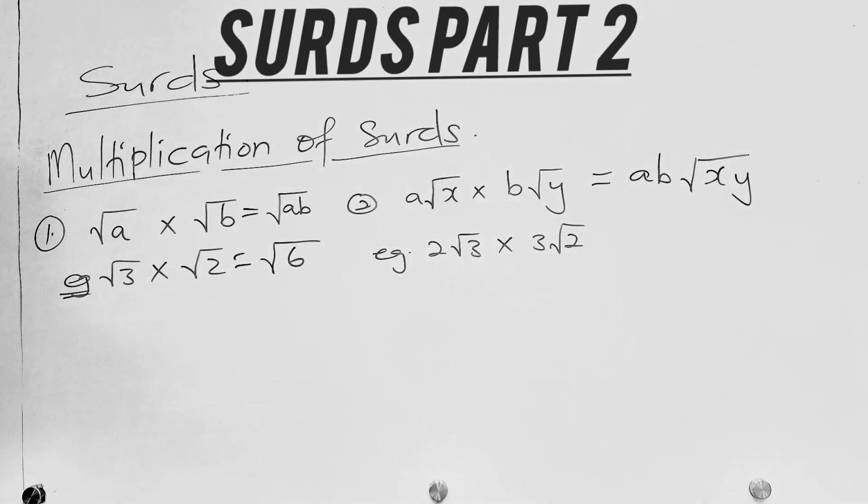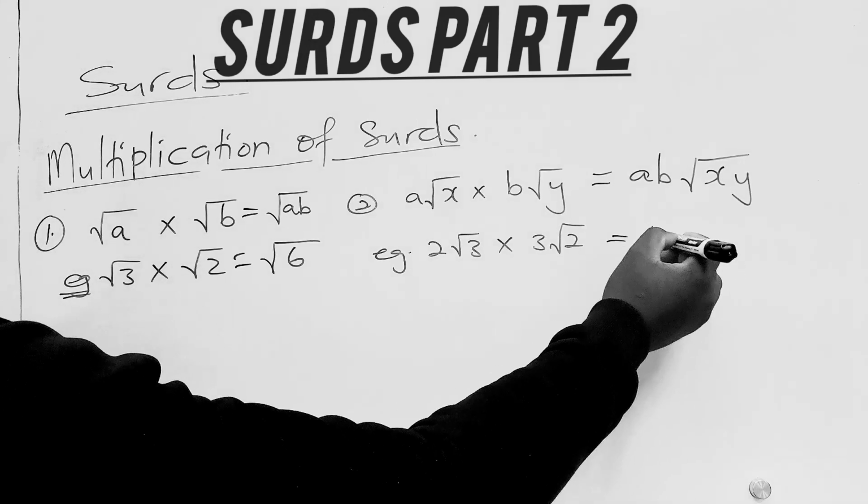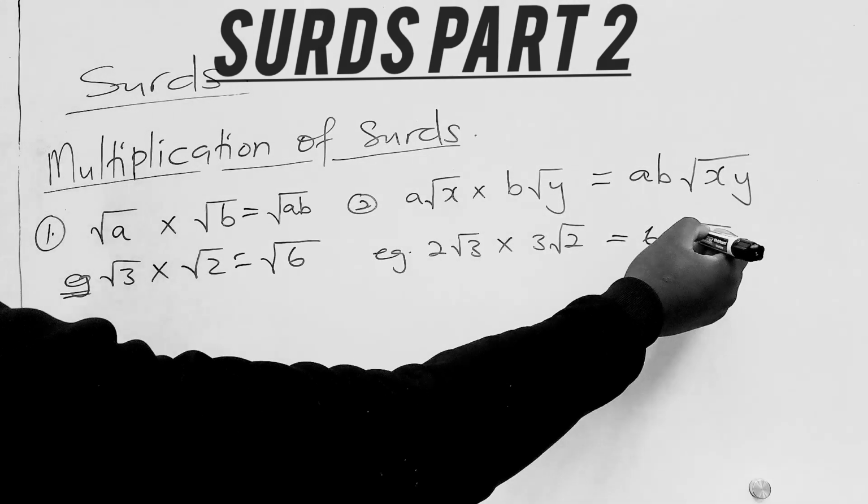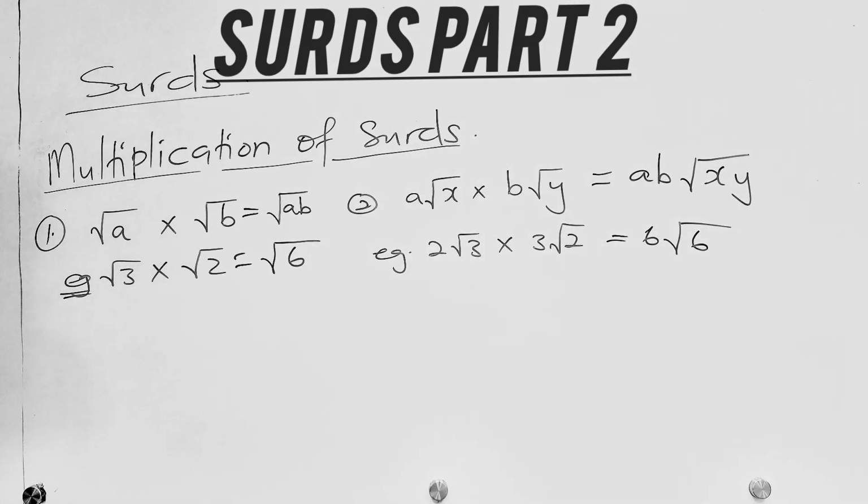Then I have an example which is 2 root 3 multiplied by 3 root 2. So what we do here is we multiply 2 times 3, we get 6. Root 3 times 2, which is root 6. So our answer is 6 root 6, and root 6 cannot be simplified further.